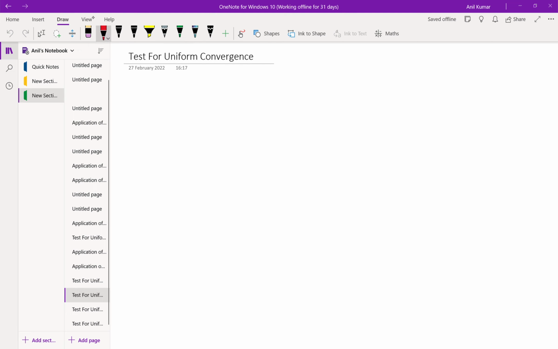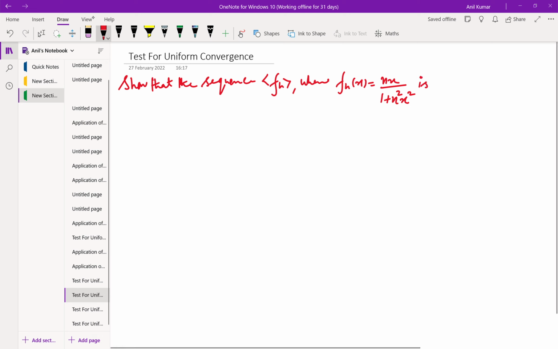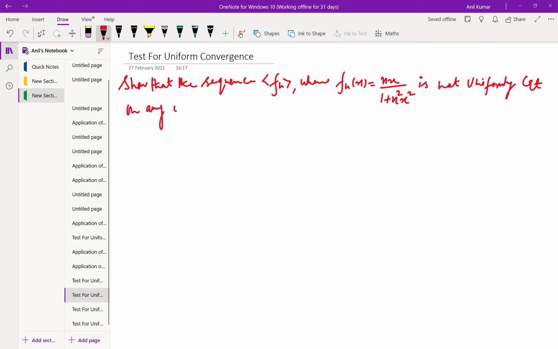The question is: discuss the uniform convergence, or show that the sequence f_n, where f_n(x) is given to be nx divided by 1 plus n square x square, is not uniformly convergent on any interval containing 0 point or 0 number.